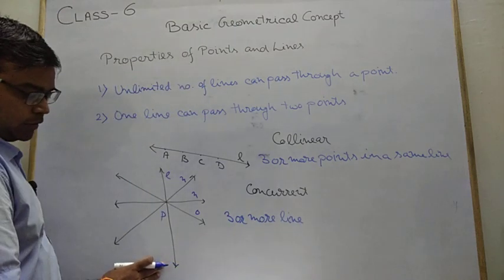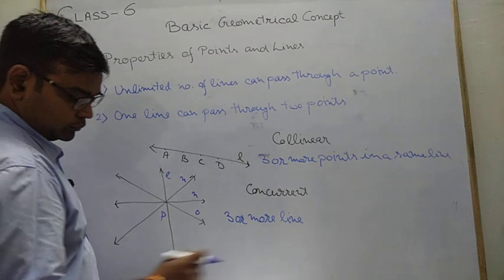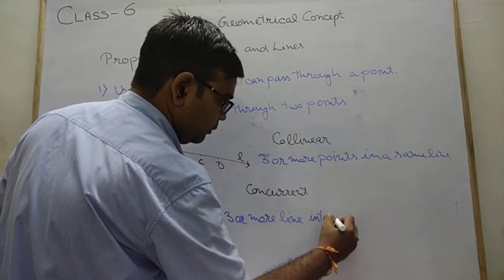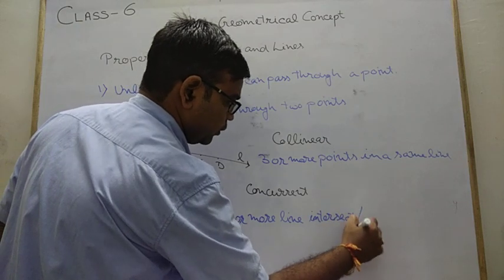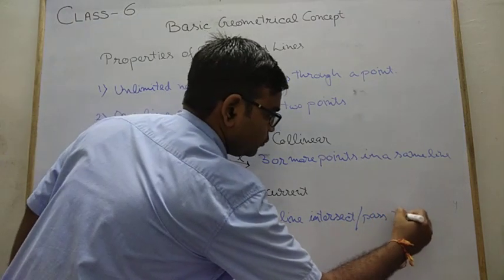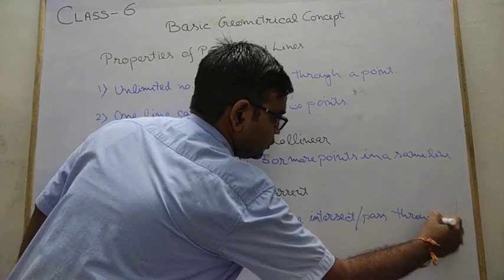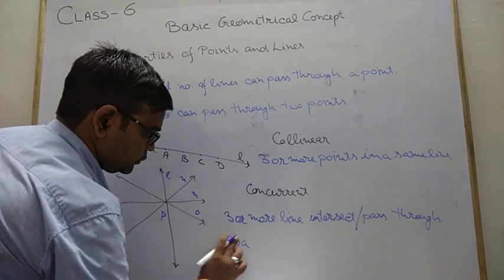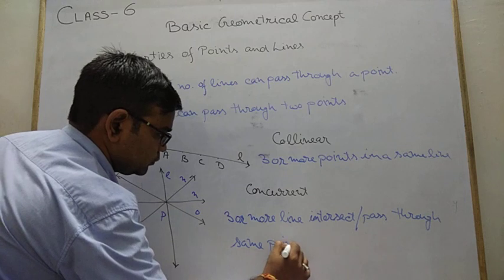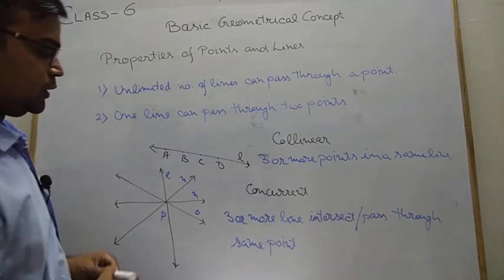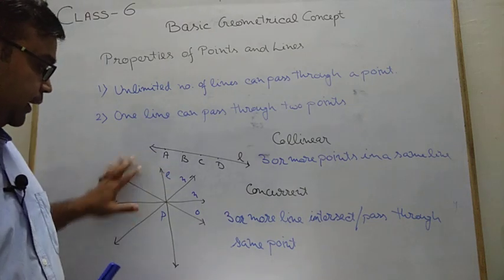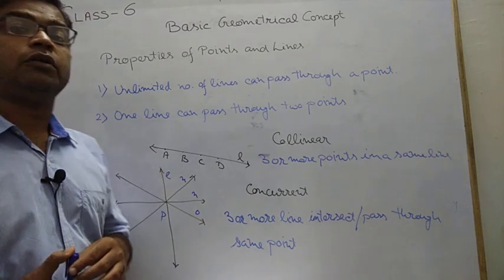We may use the word intersect, or we can use the phrase pass through a common point, through one point, the same point, a fixed point P. So this is known as your concurrent lines, and this point is known as your point of concurrence.